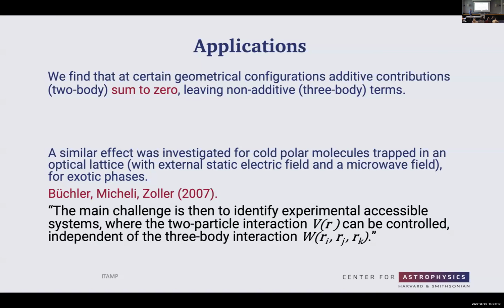And as they say, the main challenge is to identify experimentally accessible systems where the two-particle interaction can be controlled independent of the three-body interaction. In any case, they find some configurations in the lattice where they can actually turn off the two-body interaction. And this did lead to a lot of people looking at other three-body mechanisms, systems where they could zone in on the three-body interaction in order to get at novel condensed matter Hamiltonians.